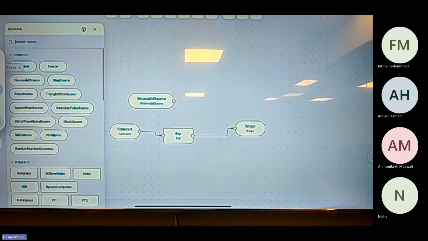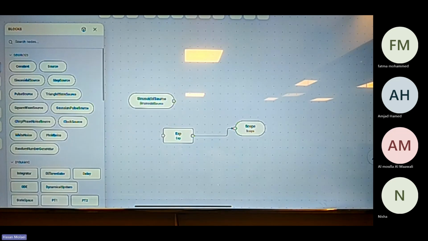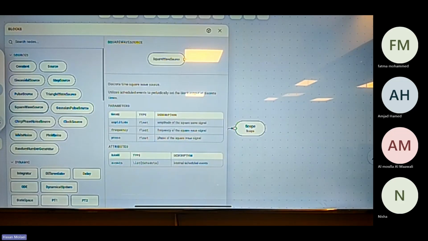How can you generate a ramp signal through these sources that we have? Can we use an integrator? Sure, yeah, that's okay. Integrator of a constant. But what input should I use as a source?